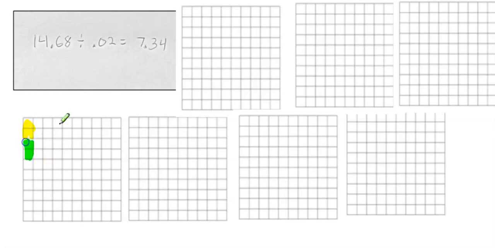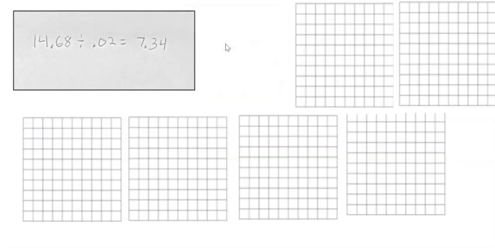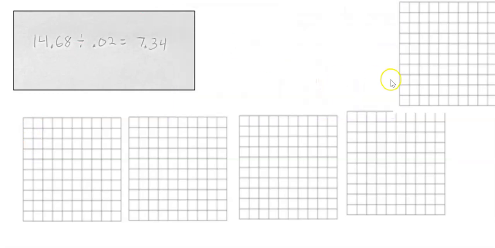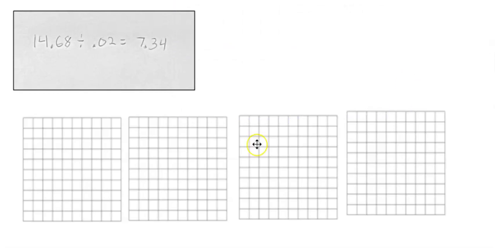So would it make sense that I would end up only having 7 groups? That would not make any sense, would it? So I really know that this one could not be 7 and 3/400. So I'm going to think about another way that I could solve this.